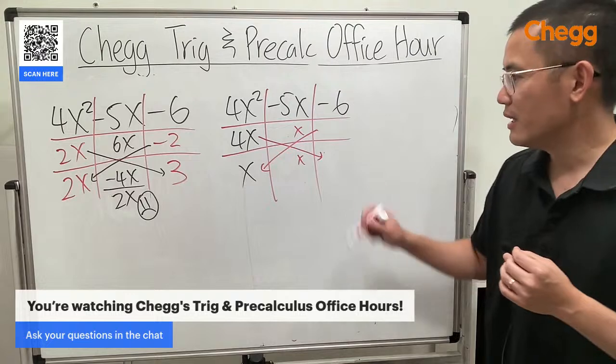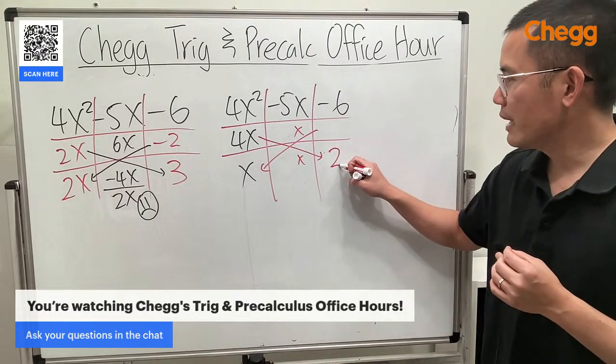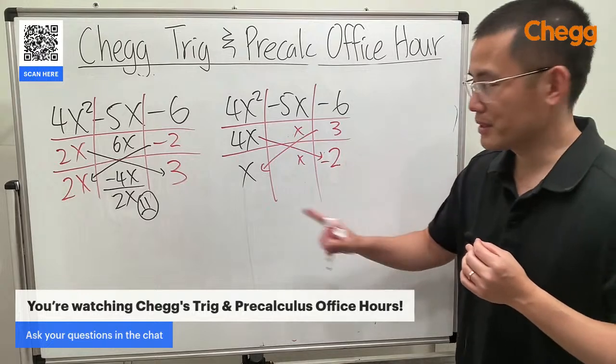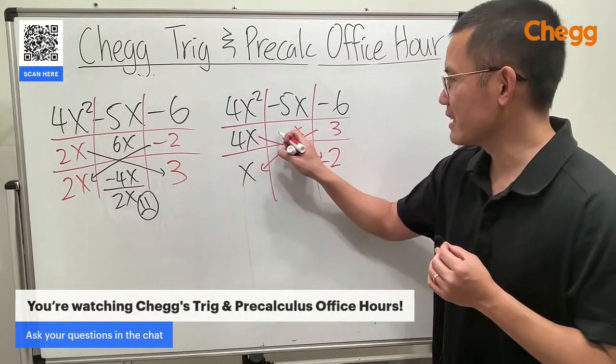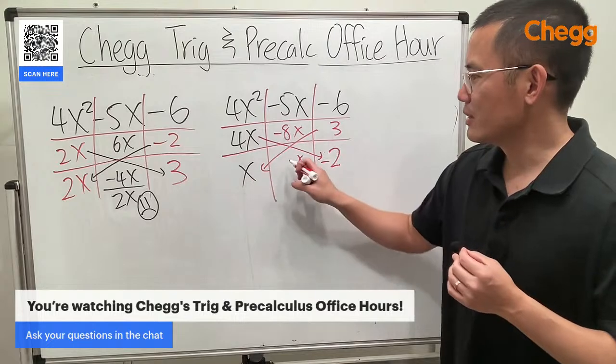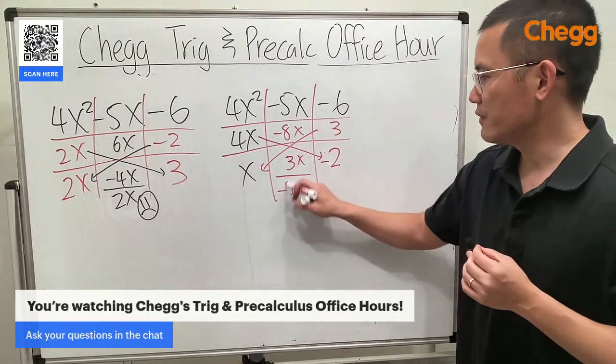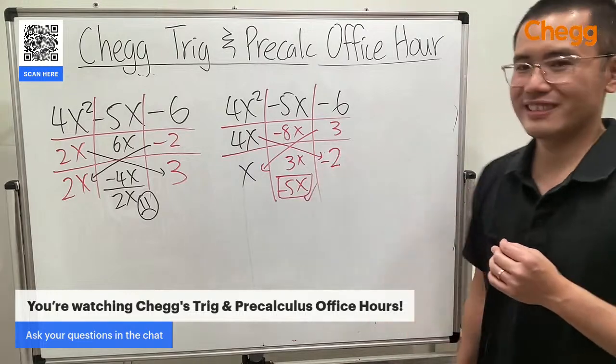Just try another combination. Let me flip it. Let me try the 2 here and 3 here. I want negative. Have a look. This times this is negative 8x now. This times this is 3x. Together, we do end up with negative 5x. Checks.